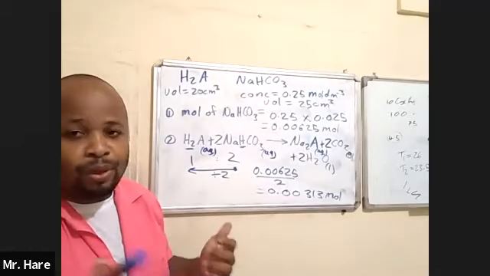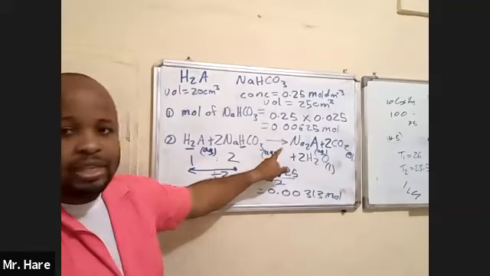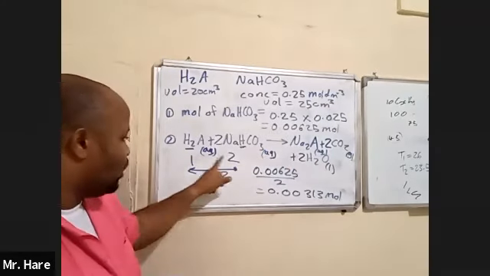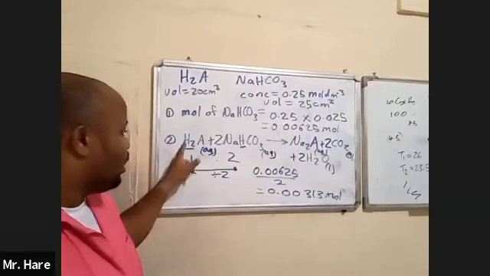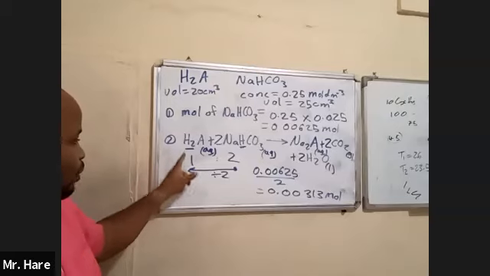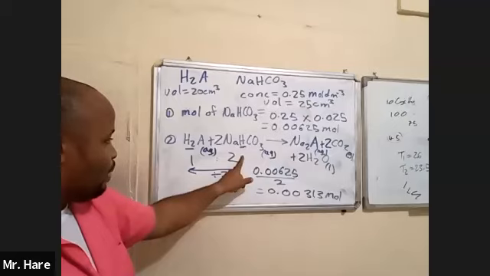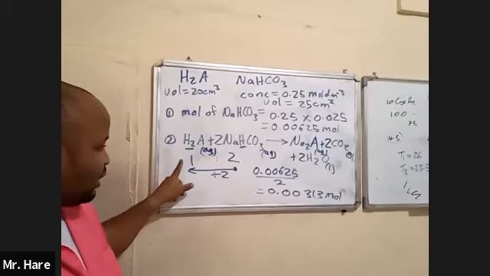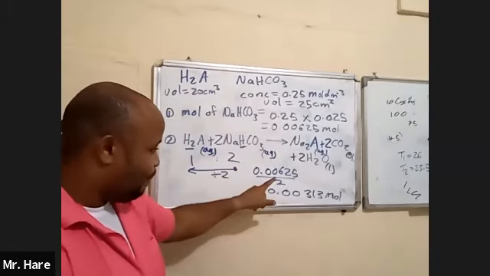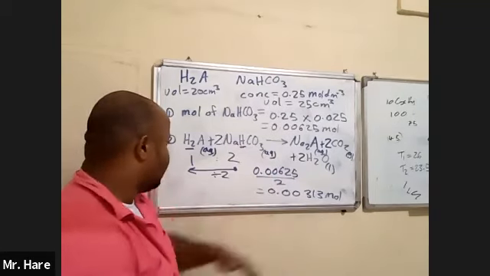But the only way to get the mole of the acid is to know the ratio from this equation and then use the mole ratio. We saw that the mole ratio was 1 to 2, but we had the moles of sodium hydrogen carbonate, so to get the mole of the acid, we divide by 2.